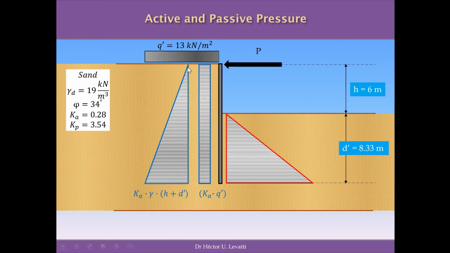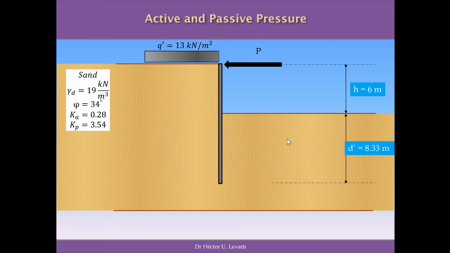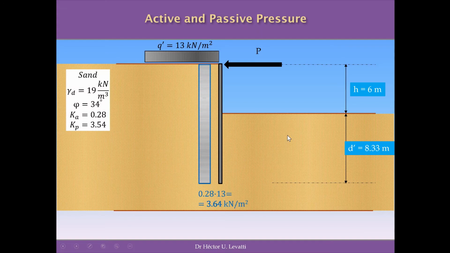The base of this triangle that represents the active pressure of the ground is the coefficient of active pressure times the unit weight times the height of the wall, which is d prime plus h, and the triangular diagram for the passive pressure is the triangle in red, as you see on the screen. This is the active pressure, the passive pressure to the right, and we can start doing calculations now.